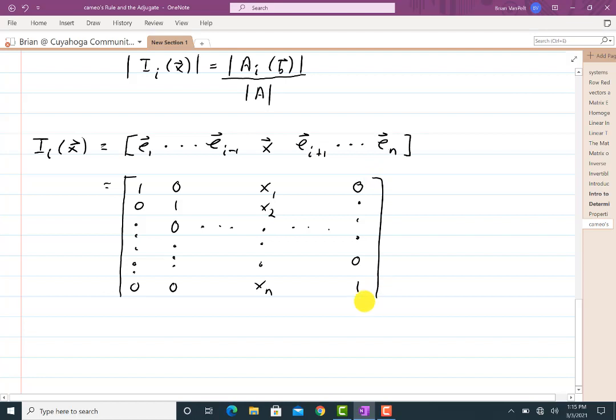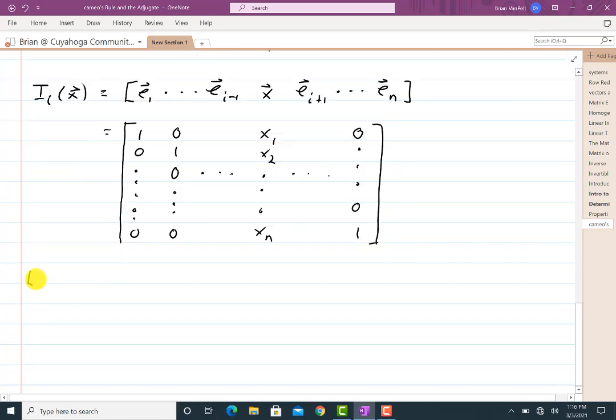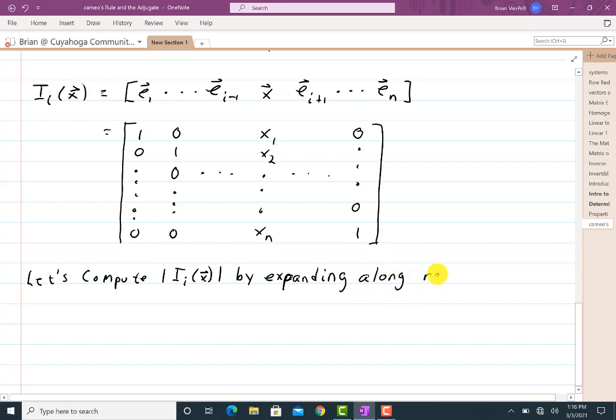Let's compute the determinant of I sub i of x by expanding along row i.